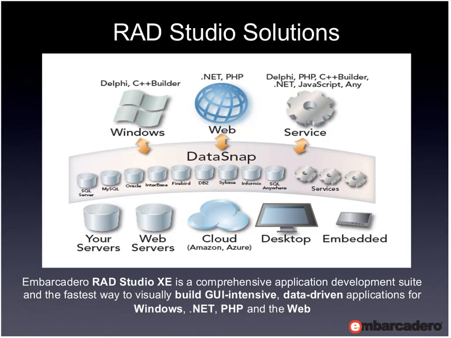Our product RAD Studio offers many solutions. It supports the Delphi programming language, the C++ language, .NET 3.5 and 4.0 with our Delphi Prism product, and PHP, which you can run just about anywhere with our RAD PHP product, to build desktop applications, web applications, service applications, multi-tier applications. And this is where cloud can fit in.